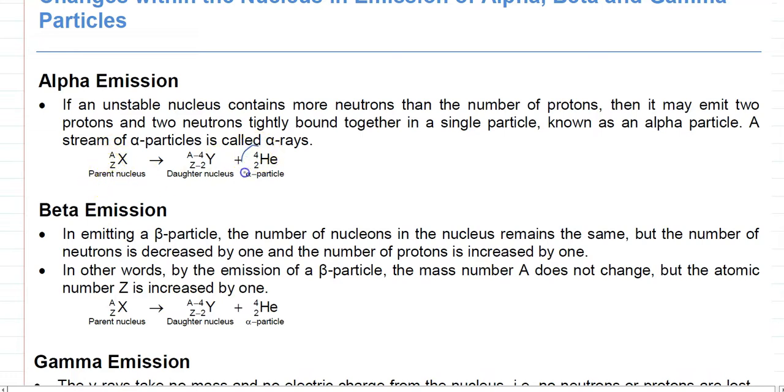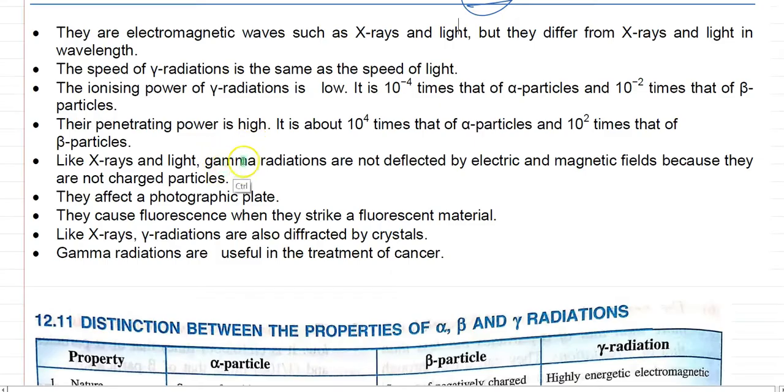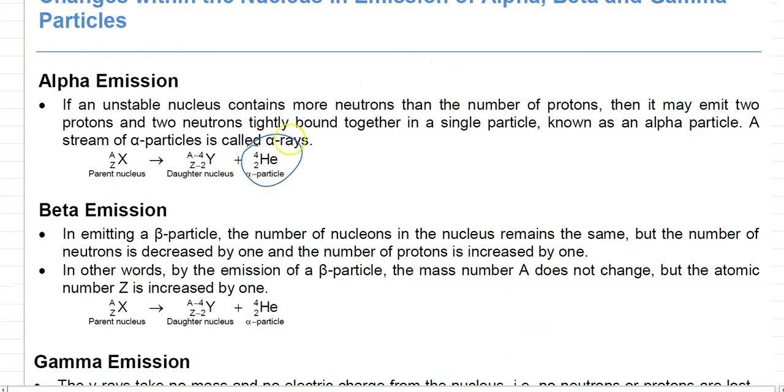When an alpha particle is emitted from it, the daughter nucleus is formed. The daughter nucleus here is Y. This phenomenon we may call a nuclear reaction.